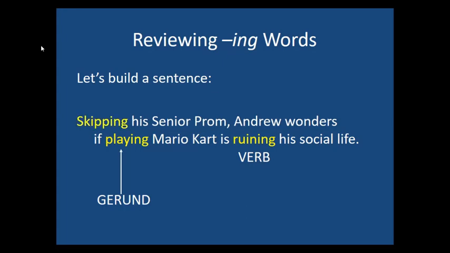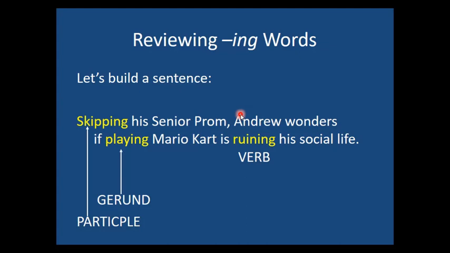But then I have this skipping at the very beginning. Well, Andrew's already the subject. Let's see if I can get my laser pointer up here. Andrew's already the subject of the verb wonders. So this can't be a gerund. You wouldn't have a gerund in front of a subject like this. So you wouldn't have a noun in front of another noun. So this must be an adjective describing Andrew. And if it's an adjective, we call that the participle. So we can see the differences between them.